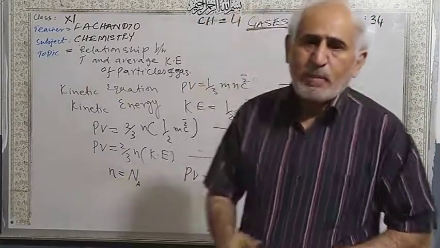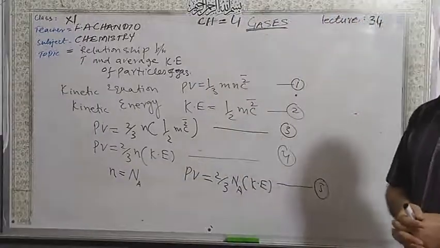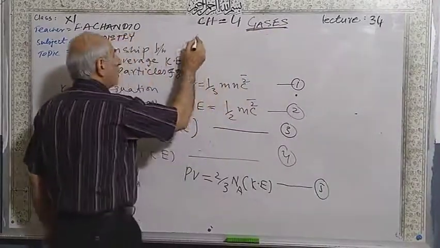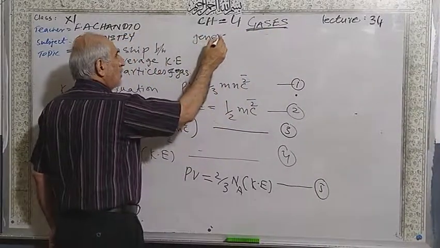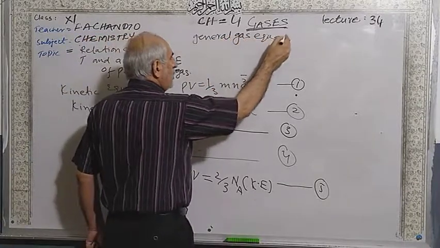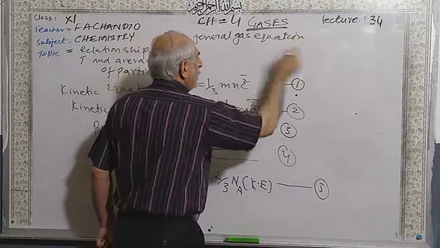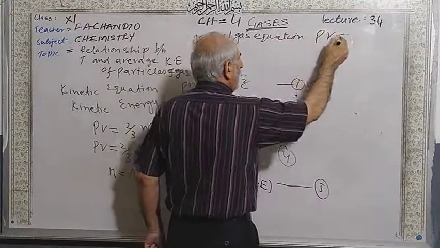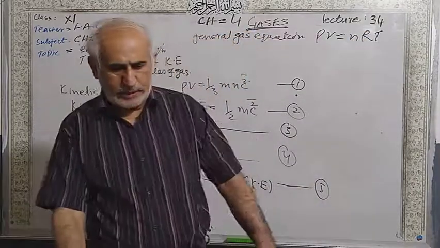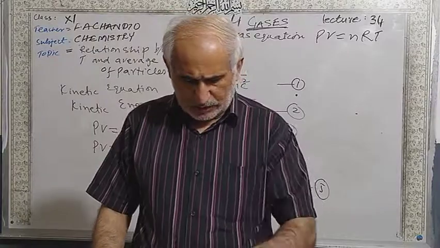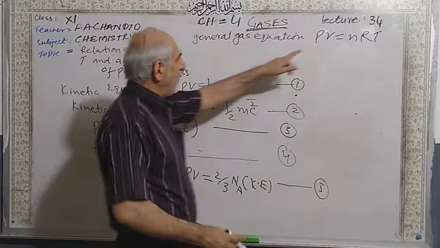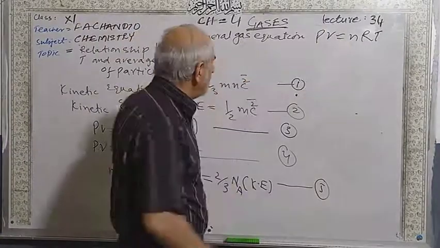Now students, there is a very important equation we call the general gas equation. That is PV is equal to nRT. This is called the general gas equation. So where n is 1 mole of gas, we have to omit this.